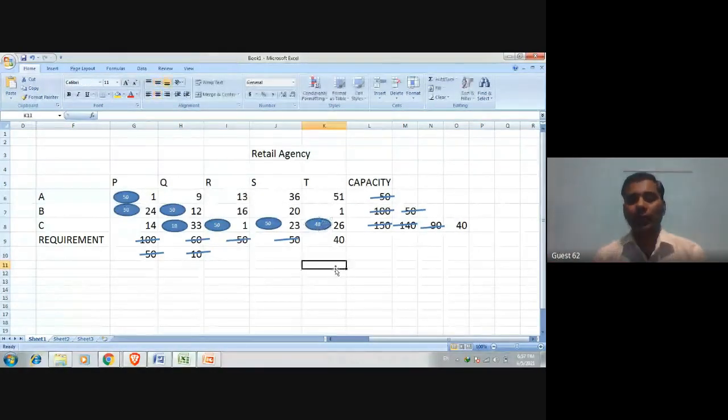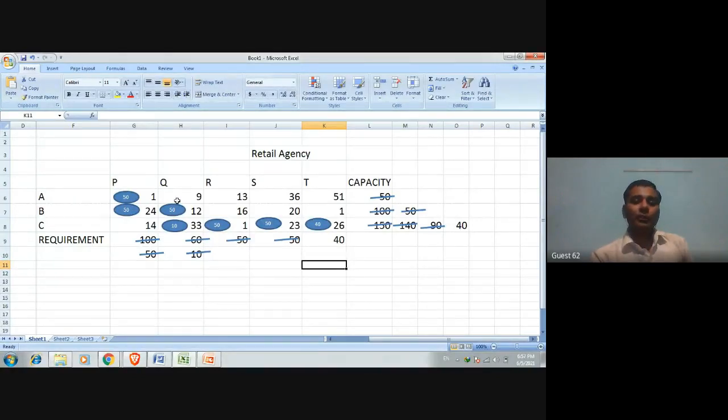Now check it again. The requirement of P was 100 units. So P has got the 100 units, 50 from the warehouse A and 50 from the warehouse B. So the requirement of P is over now.